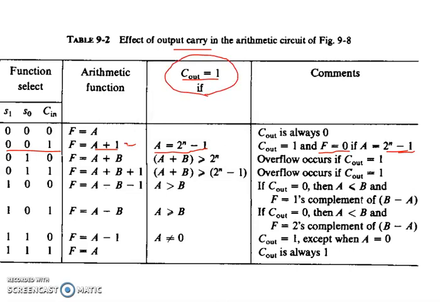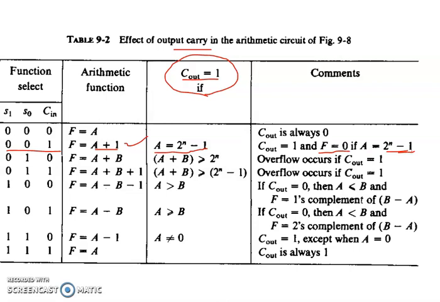What is the operation to be performed? That is A plus 1 is the operation performed. And if Cout is equal to 1, the resulting F will be equal to 0, which performs the operation where A will be equal to 2 raised to n minus 1.